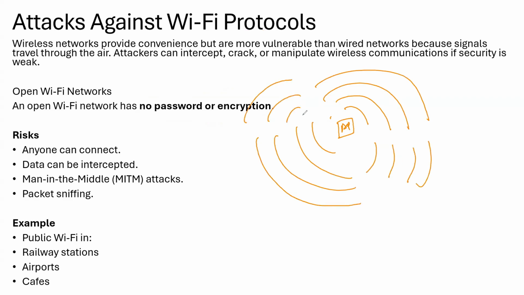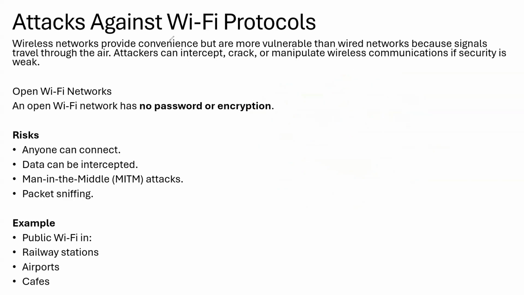The data will be secured as well as encrypted, and all the devices inside that network having a Wi-Fi module will receive that signal, but they cannot accept it because we have wireless security, encryption, over there. But the data will reach everyone. So attackers can intercept, crack, or manipulate the wireless network. That is why we have security.